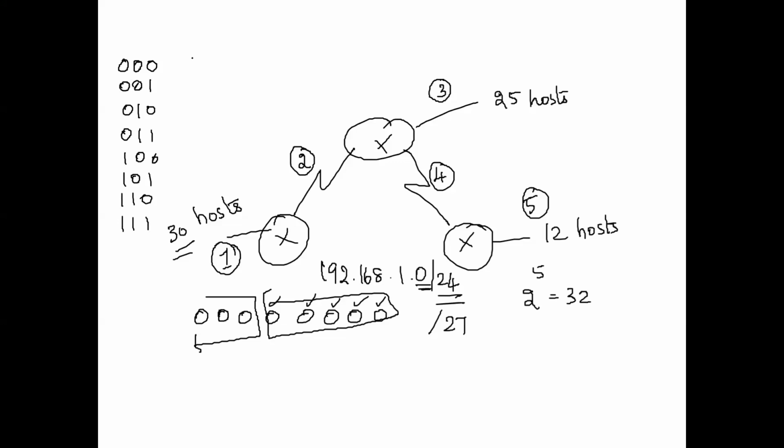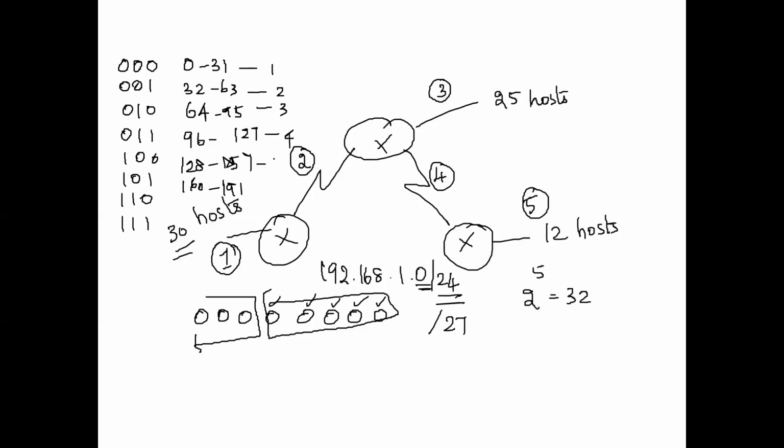If I write the first IP and last IP, I'll get 0 to 31, then 32 to 63, then 64 to 95, and 96 to 127, 128 to 159, and then 160 to 191, and so on. So let me assign this to the first network, this to the second, this to the third, this to the fourth, and this to the fifth.